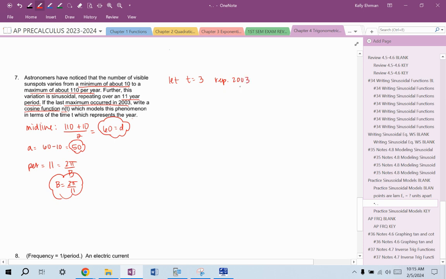You can write yours where 2003 is what you number on the axis, but I'm just going to do this a little differently. So the midline is 60, the max is 110, min is 10. At 3, we hit the maximum. So just plot the points. 11 years later is when you should hit the next maximum. So 11 plus 3 is 14.